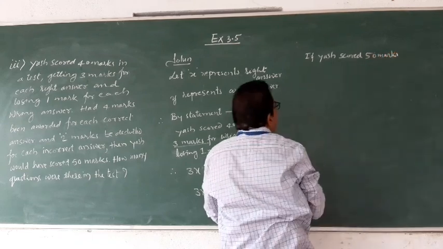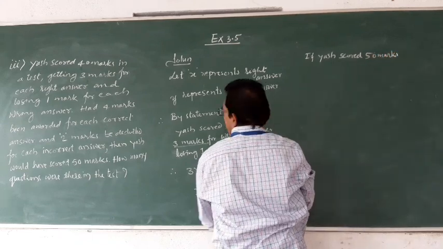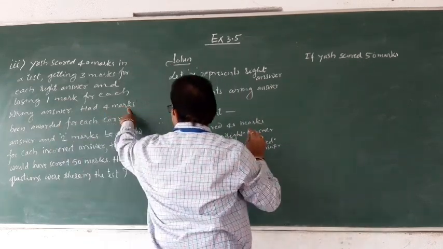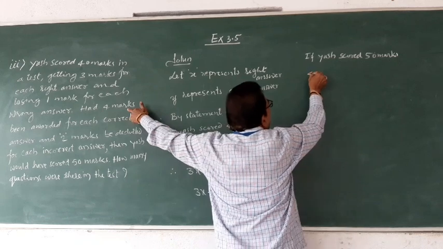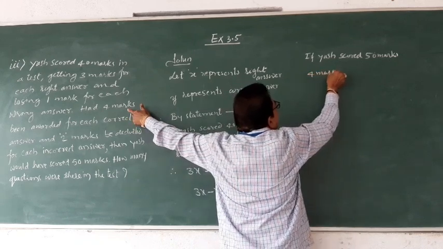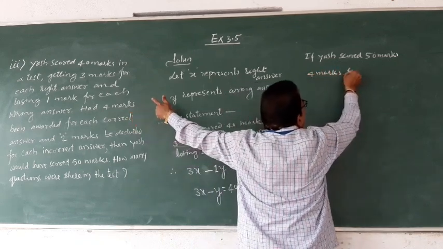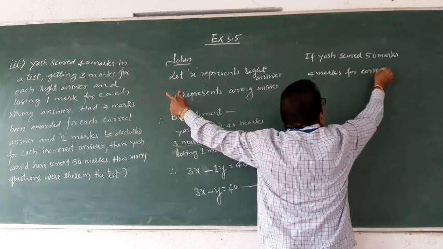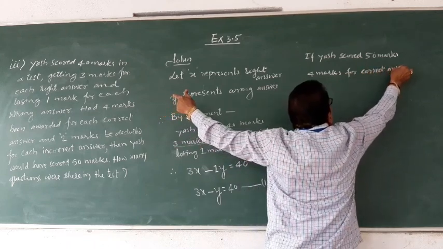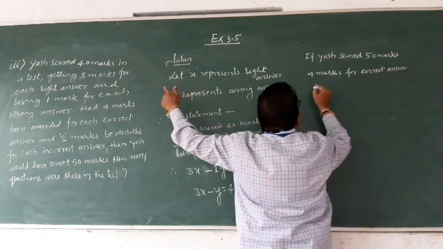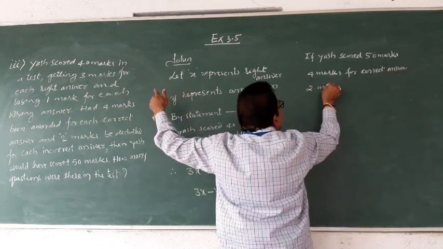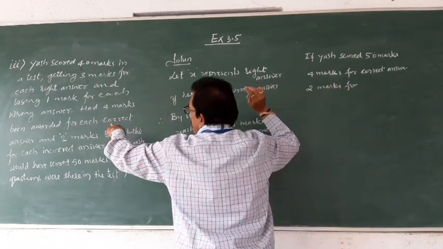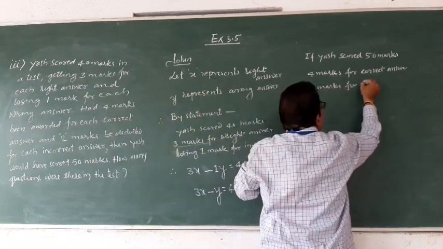If he has scored 50 marks, in what way? 4 marks for correct answer, then 2 marks for incorrect answer.